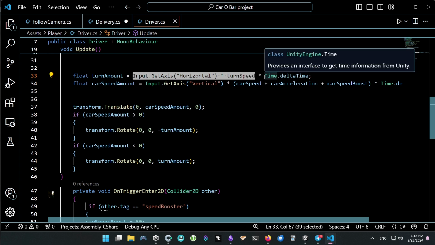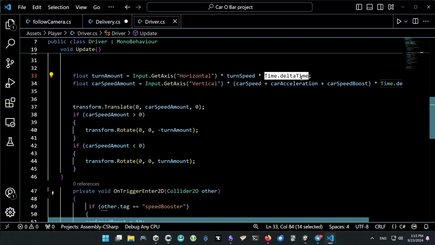But by adding this one, it just makes it frame rate independent.